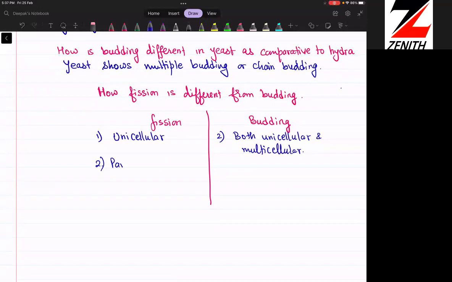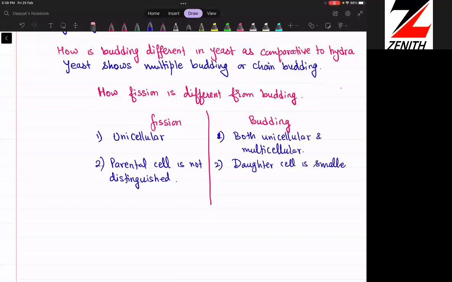Okay, here the parental cell is not distinguished. In binary fission you cannot tell which is the parental cell. And here in budding the parental cell is distinguished, and you can say the daughter cell is smaller than the parental cell. So basically in fission the concept of immortality is there, in budding that concept is not there.